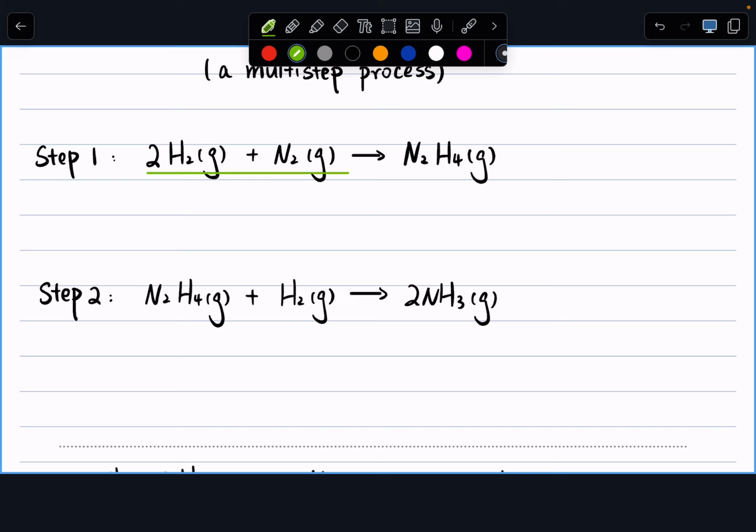The first step involves hydrogen and nitrogen, which are my reactants, to form a molecule of N2H4. We call it an intermediate because the generated N2H4 will then be used up in the next step. The next step reacts it with another molecule of H2 to form our final product.